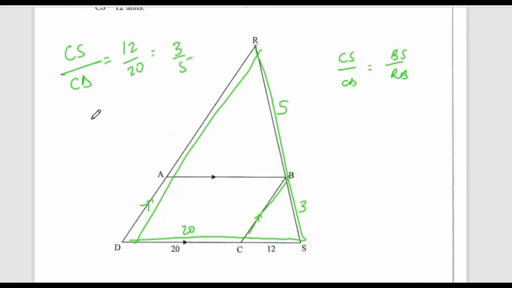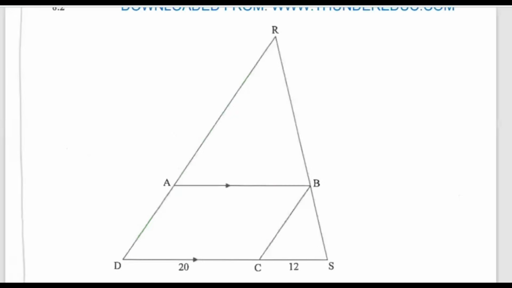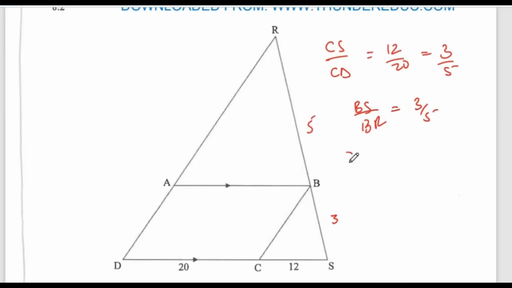And then we know that BS over BR is also going to be the same as 3 over 5. So I'll just write CS over CD is equal to 12 over 20, we get 3 over 5. And then BS over BR is also 3 over 5.